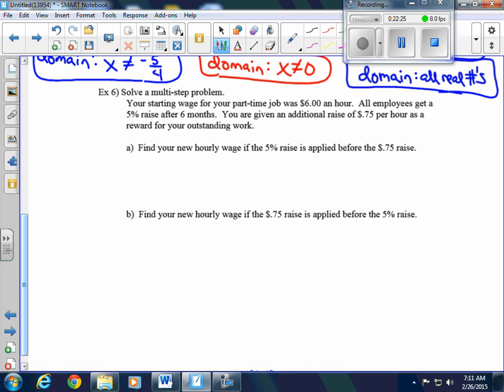All right, so here's what we're going to look at. You make $6. Now it says you're getting a raise of 5%, so you're going to get that raise first. So 5% is 0.05, which means that is 30 cents. So you get a 30-cent raise, and now your new hourly wage is $6.30. Well, now you got a 75-cent raise on top of that, so we're going to say plus 0.75.